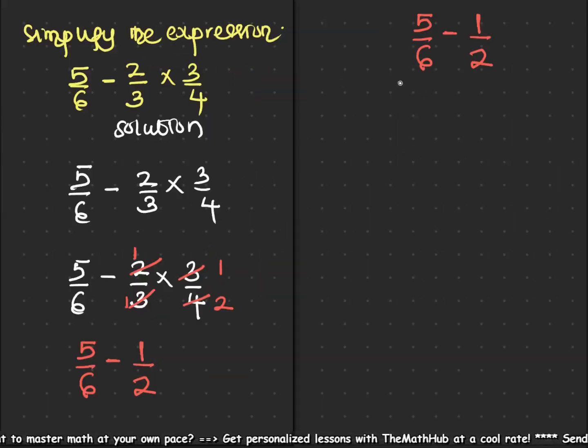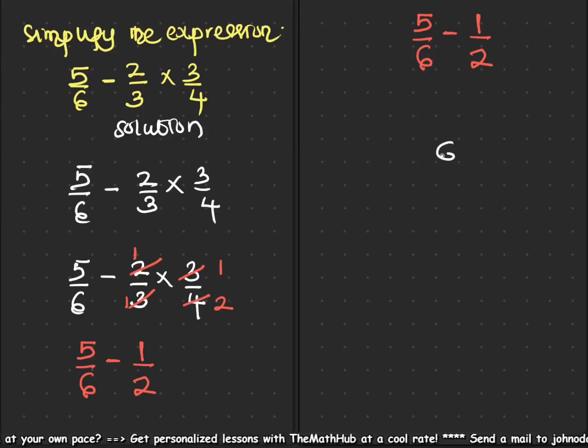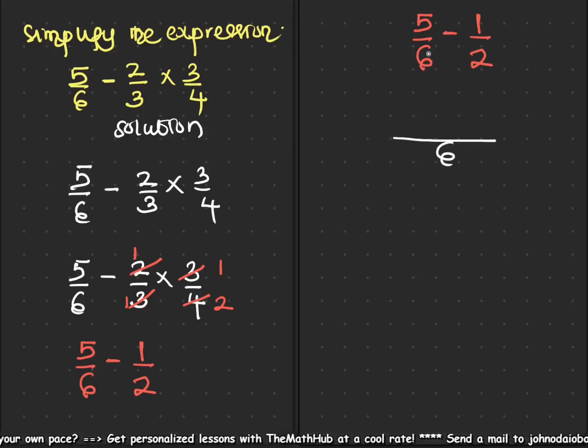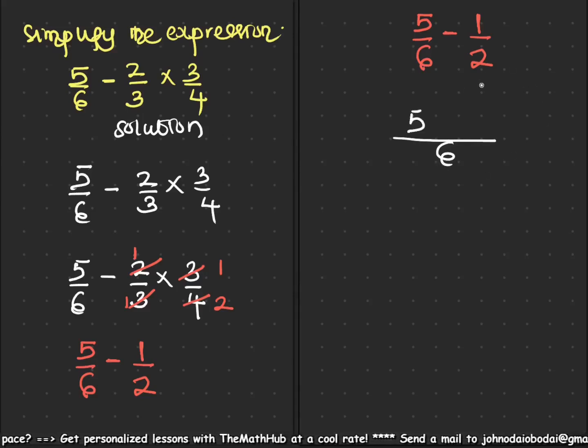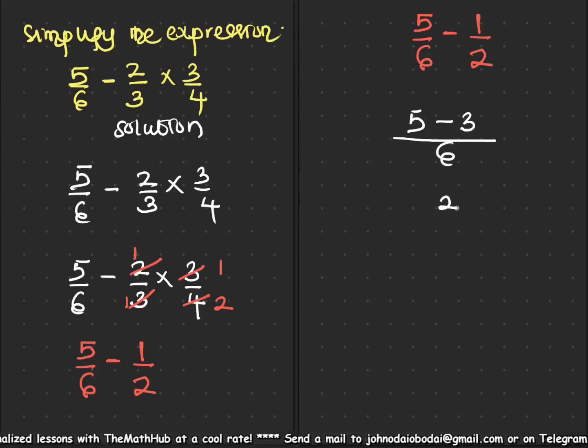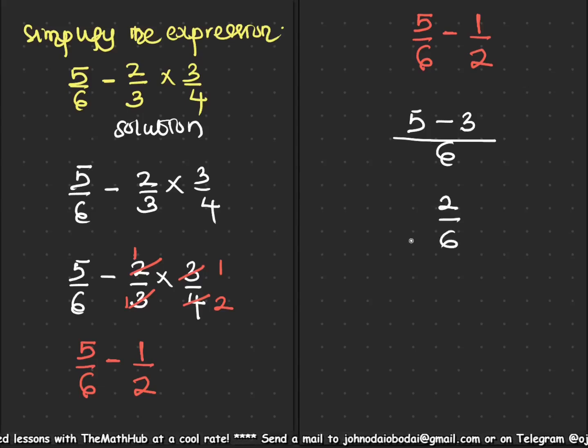Okay. So now that we want to do subtraction, we ask ourselves, what is the LCM of 6 and 2? And that is 6. 6 divides 6 once. 1 times 5, we have our 5. Then 2 divides 6 thrice. 3 times 1, we have negative 3 there. 5 minus 3 now gives us a 2 on 6.